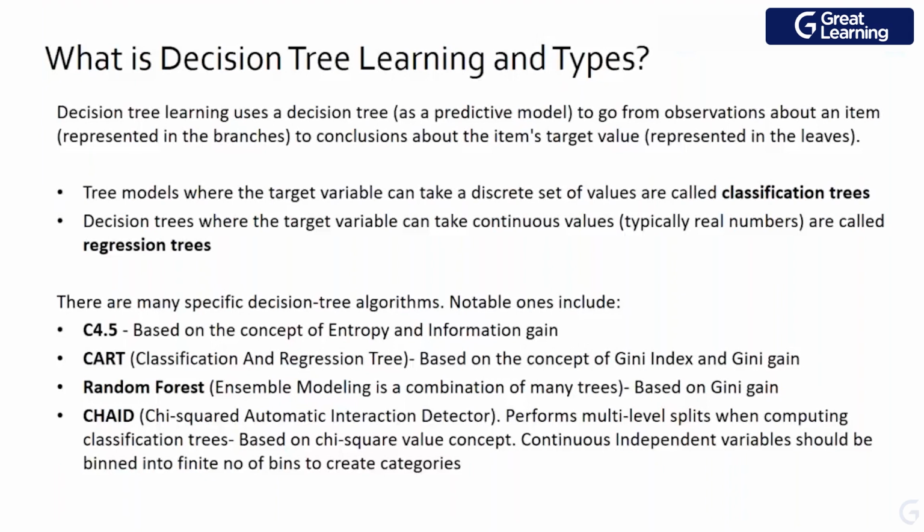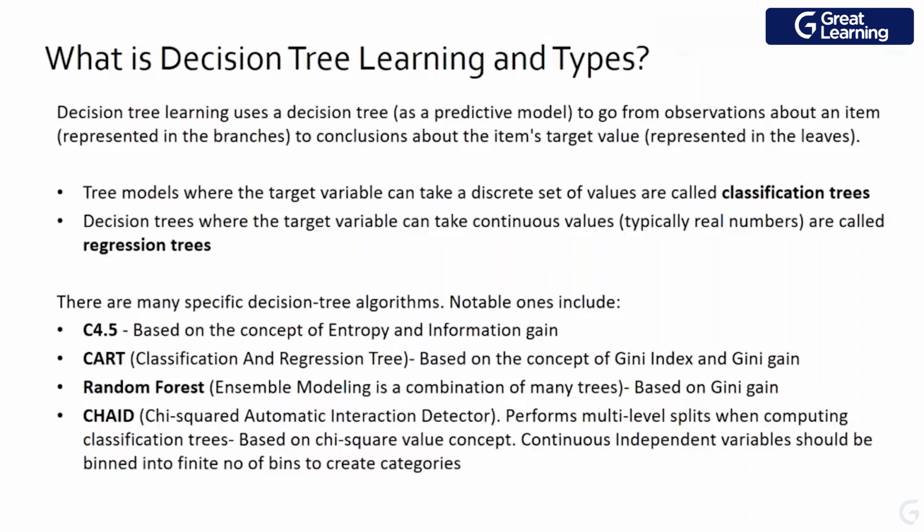So whenever you have to perform multi-level split, then CHAID is a good technique for performing classification trees. CHAID is based on the concept of chi-square value. So typically it will calculate the p-value at each and every iteration and see wherever the lowest p-value is, it will split at that particular variable.